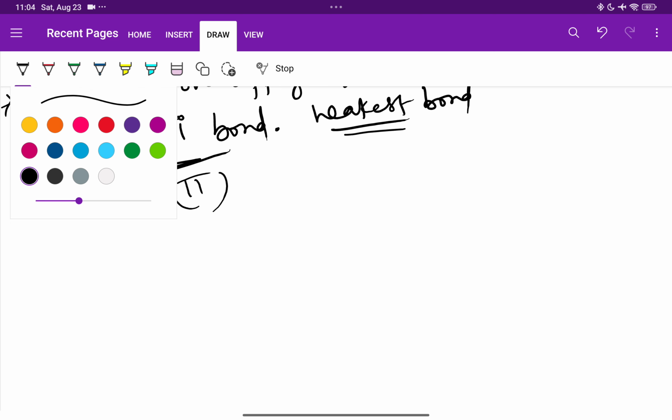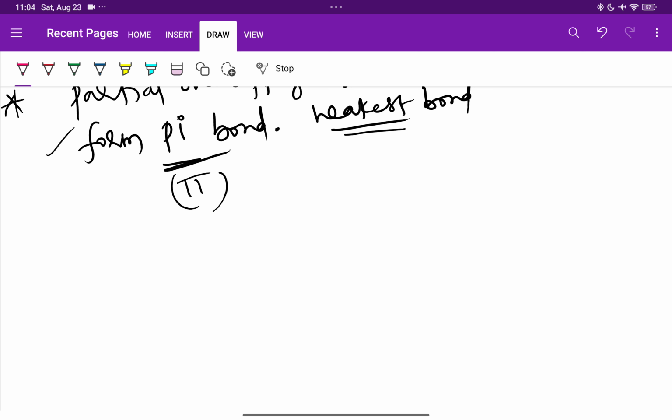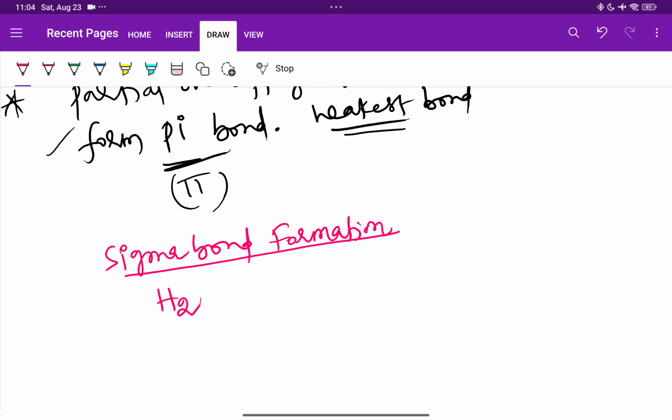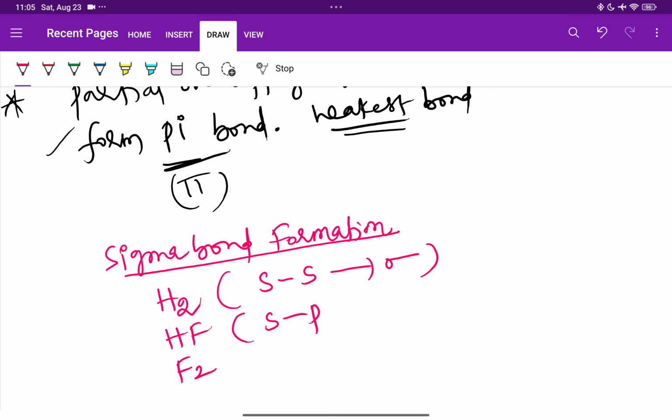So here I am taking, to explain the sigma bond formation, H2 molecule, HF molecule and F2 molecule, because SS overlapping will form sigma, SP overlapping will form sigma, PP overlapping will form sigma.